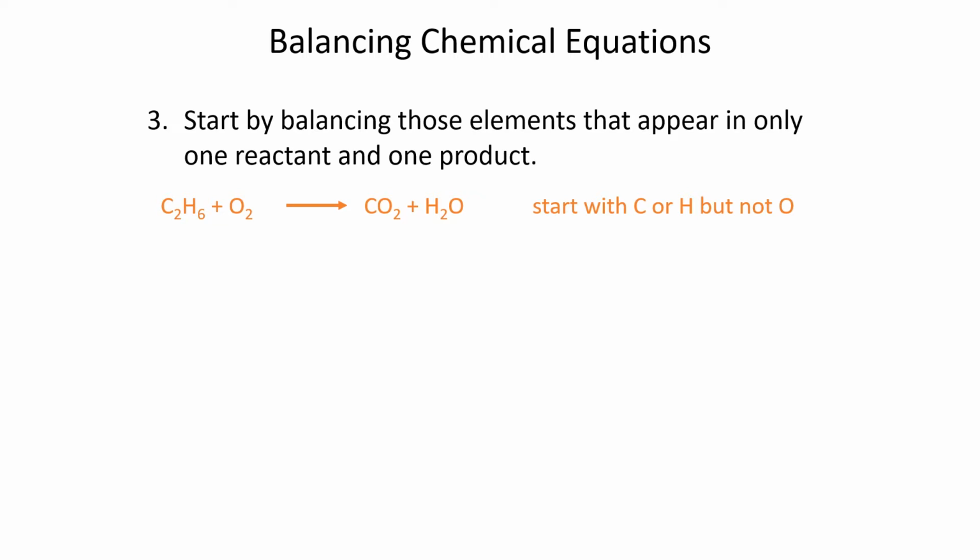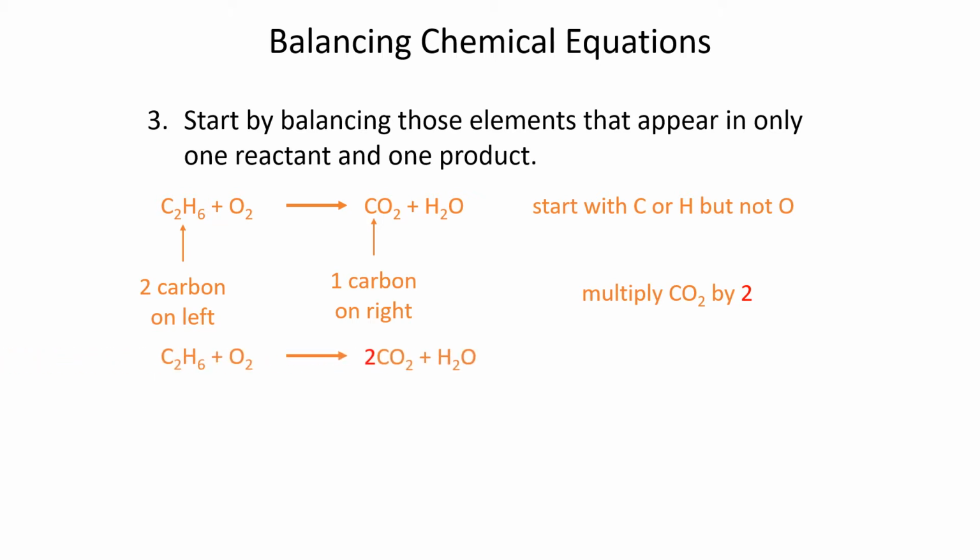Let's see where we start. Starts with carbon. So we have 2 carbons on the left, and we only have 1 carbon on the right. So we need a coefficient in front of CO2 to make 2 carbons. Okay. So now we have C2H6 plus O2 gives us 2 CO2, and water, which is not yet balanced, because now we're going to look at hydrogens.